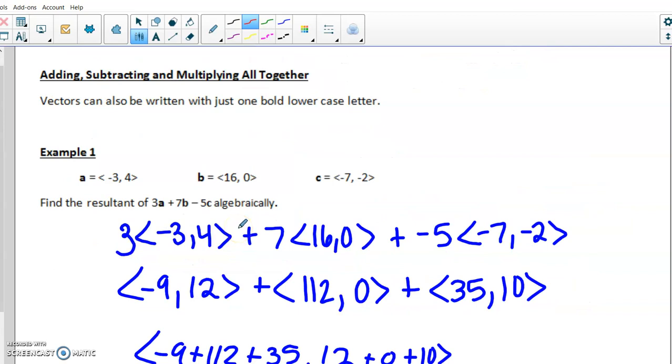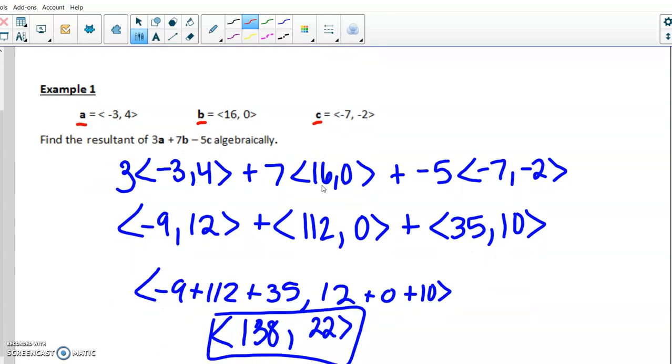This next example is adding, subtracting, and multiplying all together. Vectors can also be written with just one bold lowercase letter. So for instance, in this example, this is the same as saying vector A, vector B, and vector C. So we have 3 vectors here.